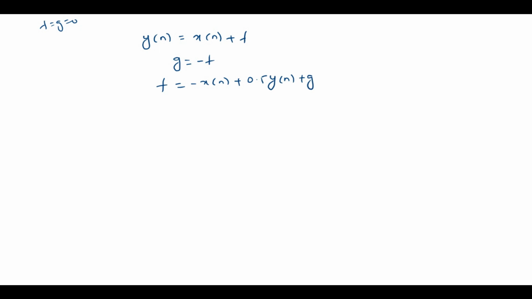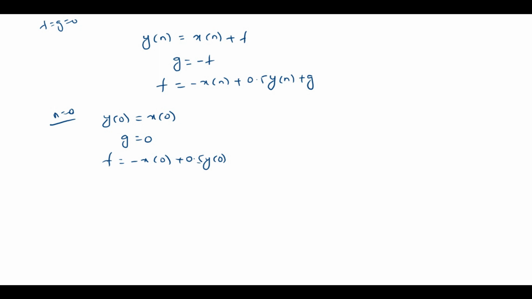Let's take n is equal to 0, which is y of 0 is equal to x of 0, f value 0. So g is equal to 0, then f is nothing but minus x of 0 plus 0.5 y of 0 plus g, which is 0. This is the f and g values for the first iteration.